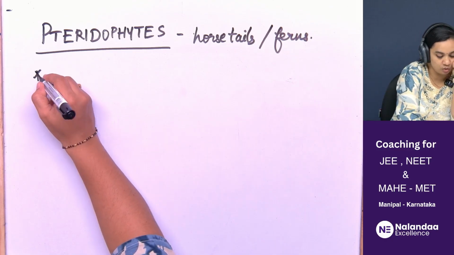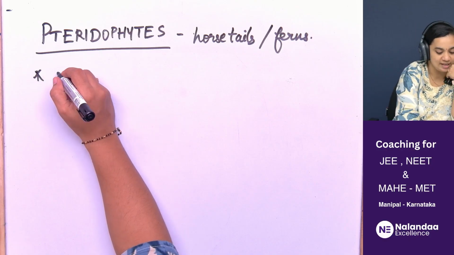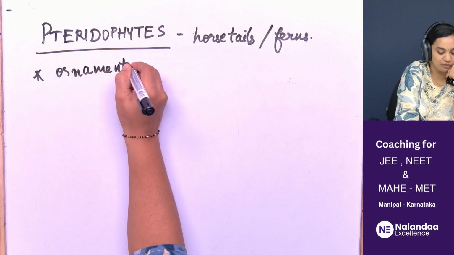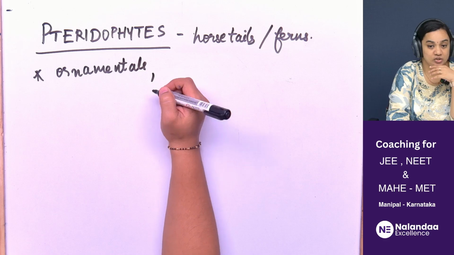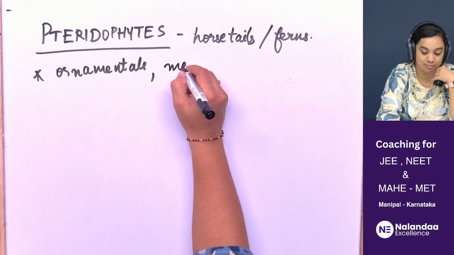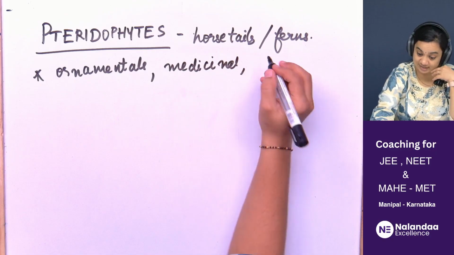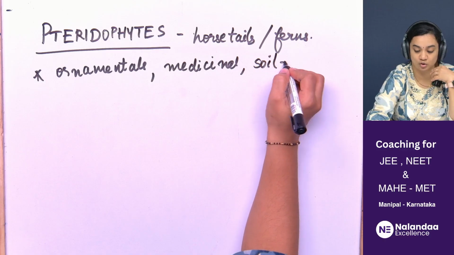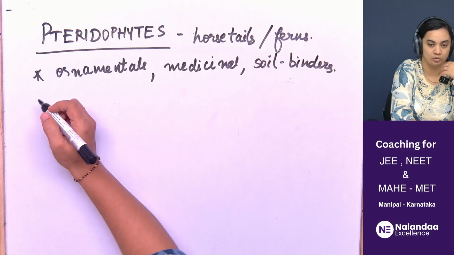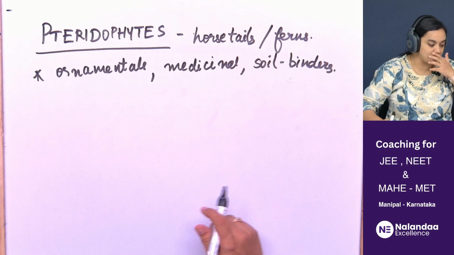Talking about the general use of pteridophytes, ferns generally are used as ornamentals, and some ferns are medicinal, and some ferns also grow as soil binders, like how you saw bryophytes grow as soil binders. So they can be used as soil binders also.